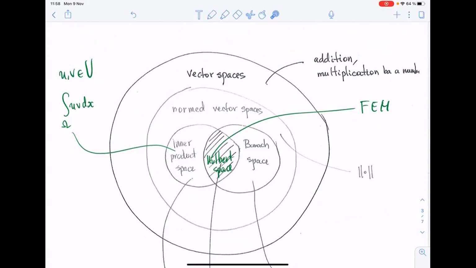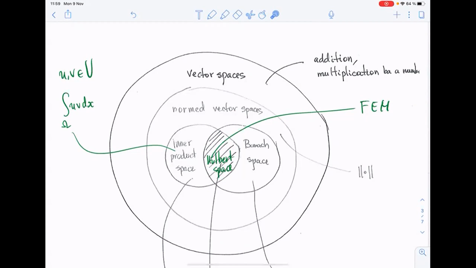Of course, if you're taking a functional analysis course, everything is trivial to you. But if you are not, you don't have to know much about those. But you have to think that the approximation that we are constructing with finite elements makes sense in terms of convergence, because we have to converge to some solution.